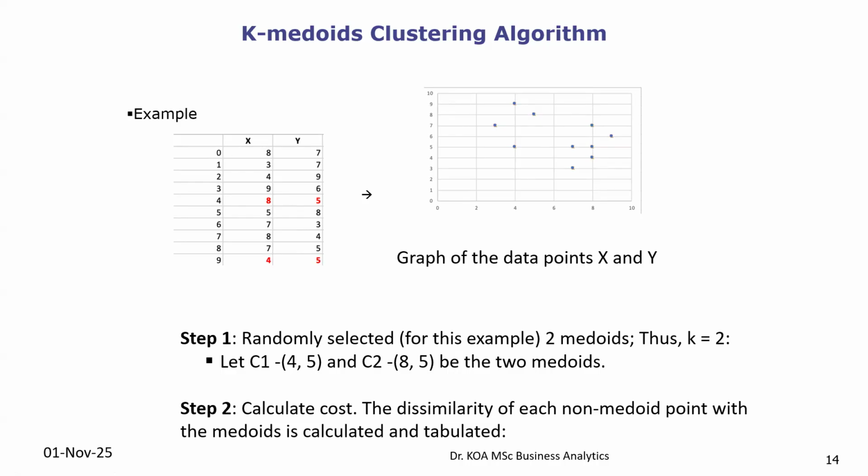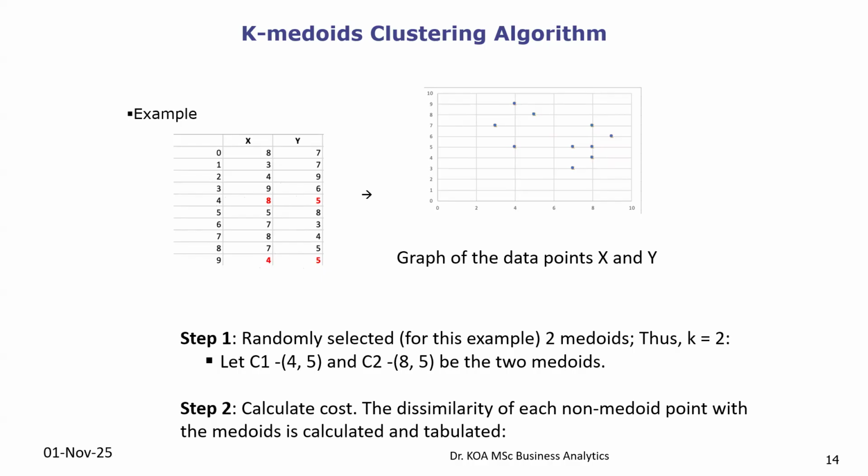Now, don't look at the graph here to say that the two groups are going to be this or that. So let's select two medoids, 2 points. These 2 points we are selecting are 8 and 5, as you can see here for observation 4, and then 4 and 5 for observation 9. So we have pre-selected the two medoids.